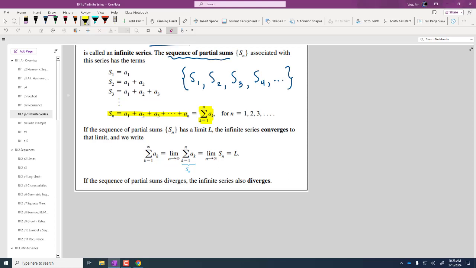This is a partial sum. That is a finite sum, right? You're adding up n, a discrete number of terms. It's not an infinite sum. This would have an infinity up at the top if it was an infinite sum. Here, they're being very explicit in telling us it's not an infinite sum, it's just a partial sum. We're going to stop at the n value that is up here.